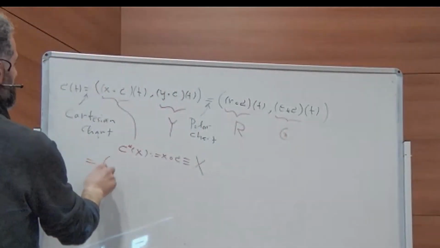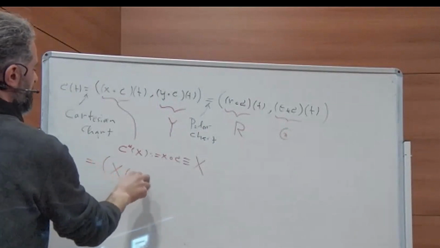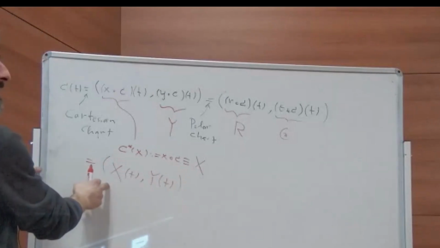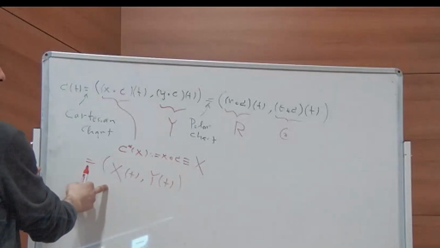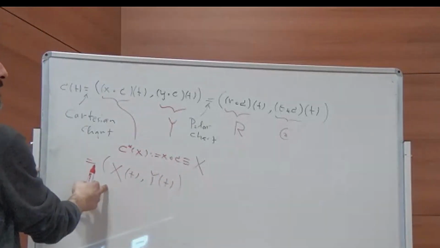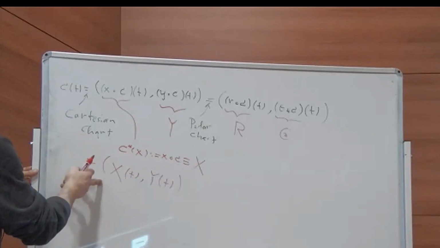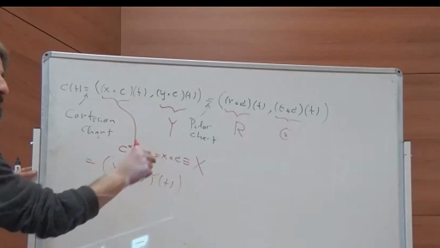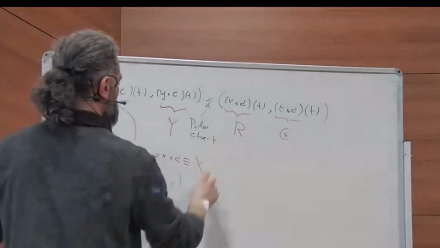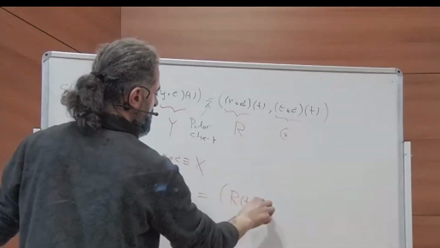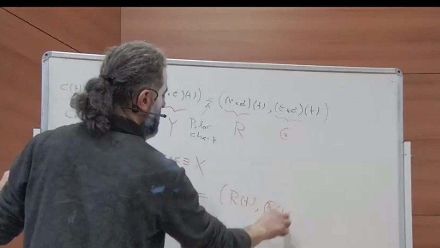So those become X of t, Y of t. These are the Cartesian components of a point moving in two dimensions. And this is R of t, theta of t.